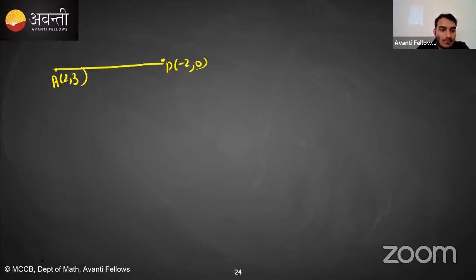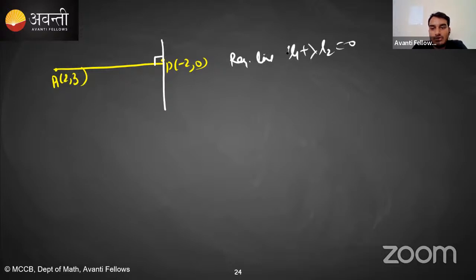So our required line will be perpendicular to this line. Our required line will be perpendicular, right? So this is the required line. Clear? So how do we find the required line? The required line is L1 plus lambda L2 is equal to 0.